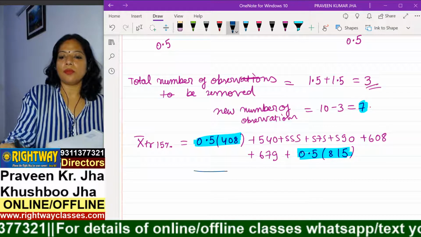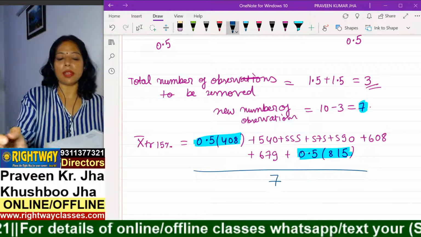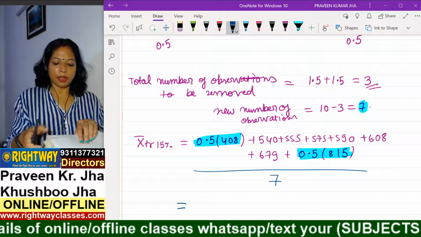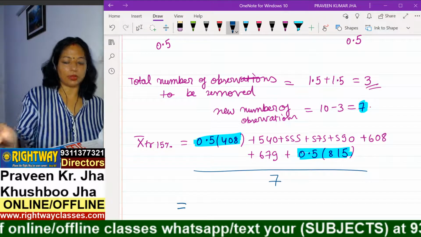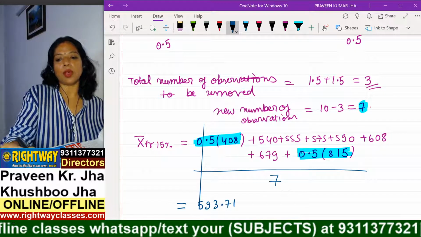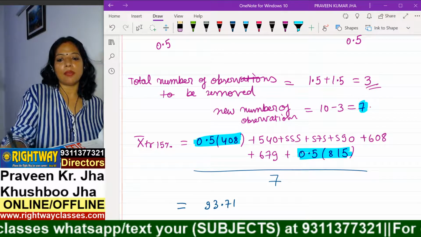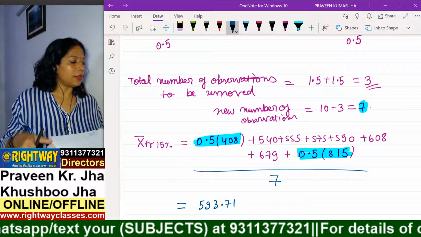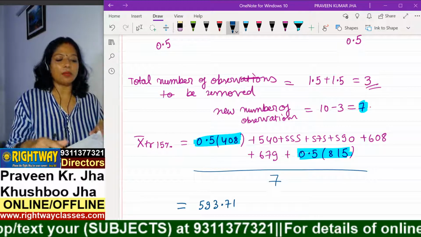When we divide by 7, it comes out to be 593.71.